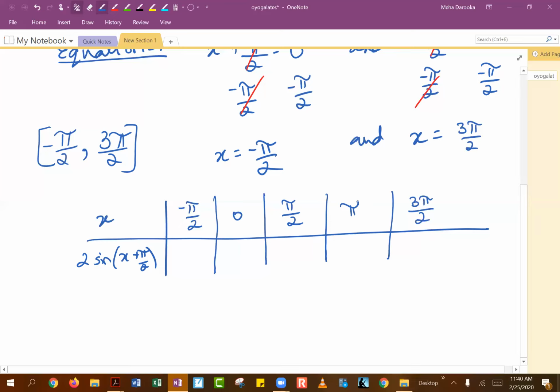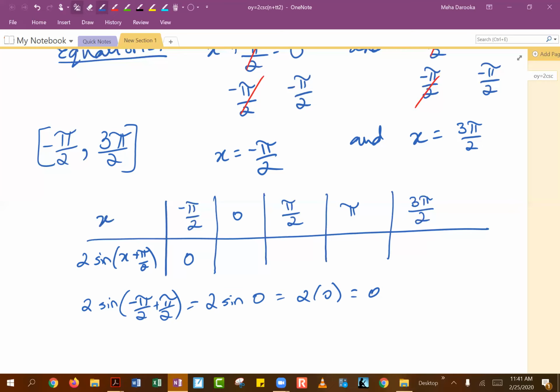What's that ordered pair at 0? 1, 0. So remember, the first coordinate is cosine, the second coordinate is sine. So your sine is going to be 0, which means 2 times 0 will give you 0. So basically, that's 2 times sine of negative pi halves plus pi halves. You're doing the same thing for all the other x values. And what will we get for when x is 0?